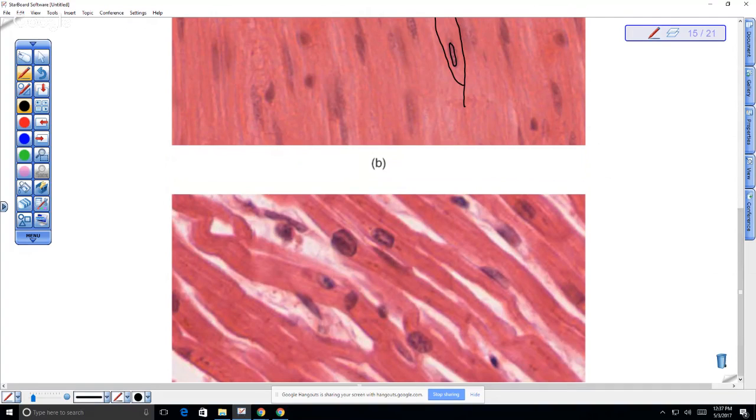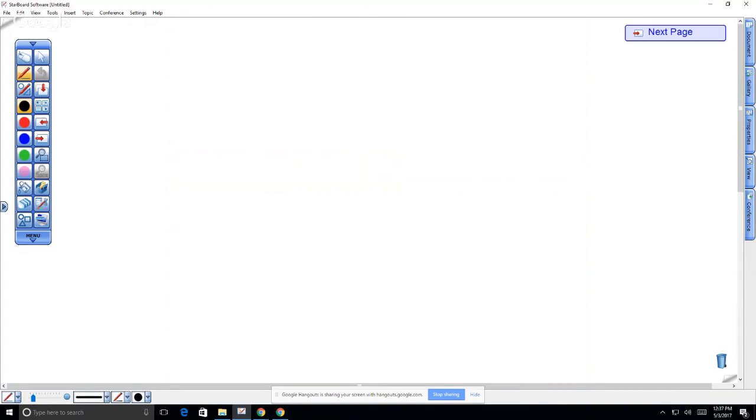Okay, so the last tissue is what is referred to as nervous tissue. So nervous tissue contains neurons. And these are specialized cells that release neurotransmitters.